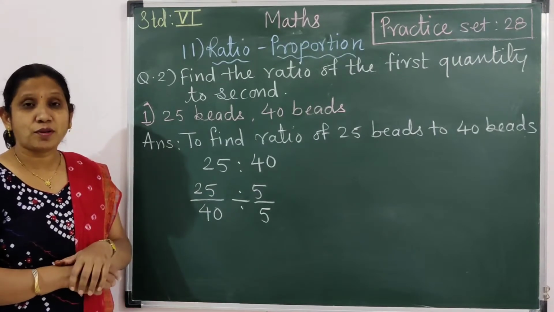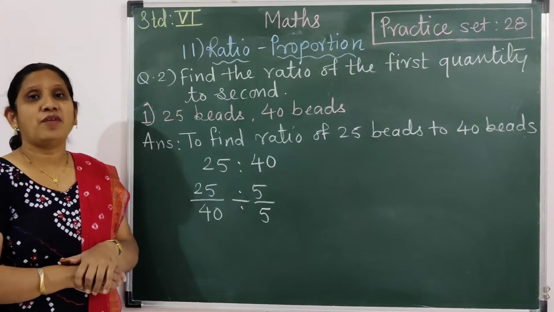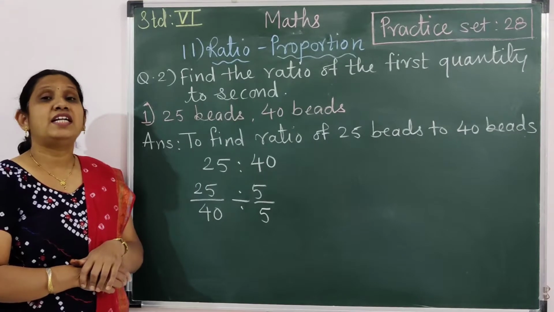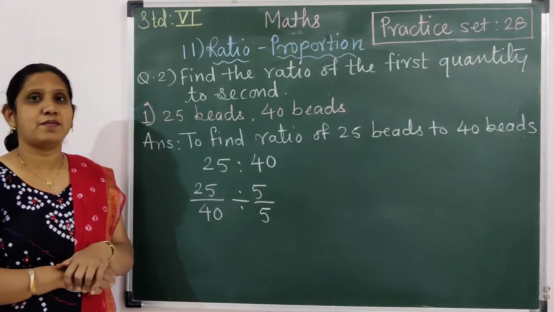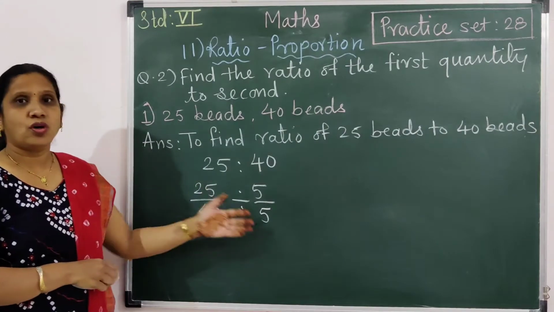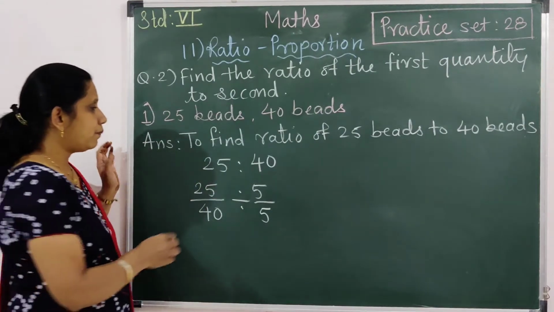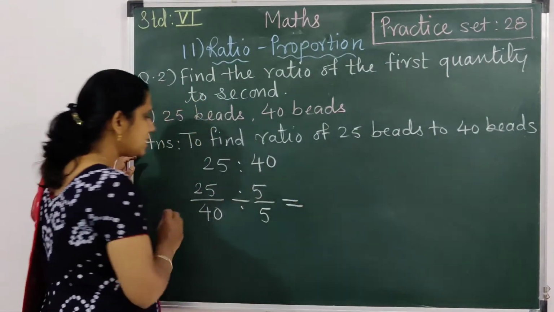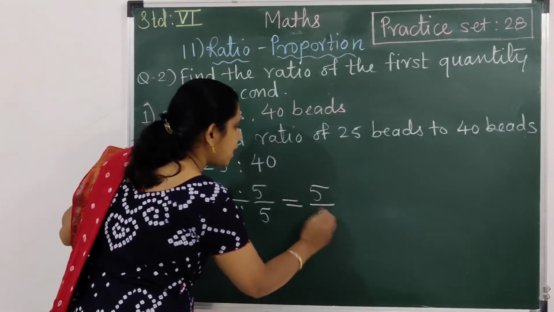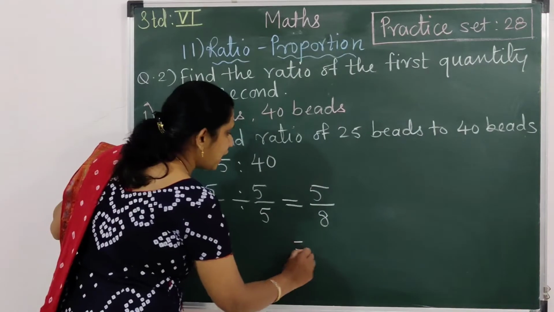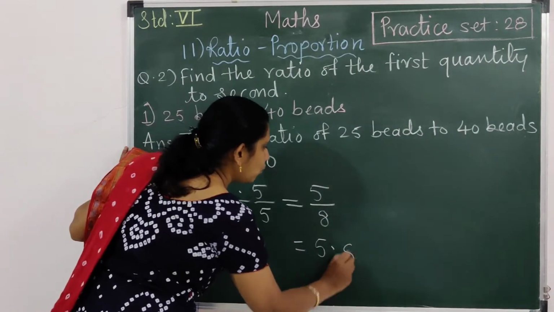What is the test of divisibility by 5? When the unit place digit is 0 or 5, the number is divisible by 5. So this is divisible by 5. 5 5s are 25, 5 8s are 40. So what is our answer? 5 is to 8.